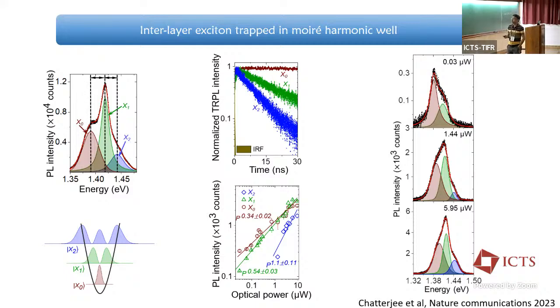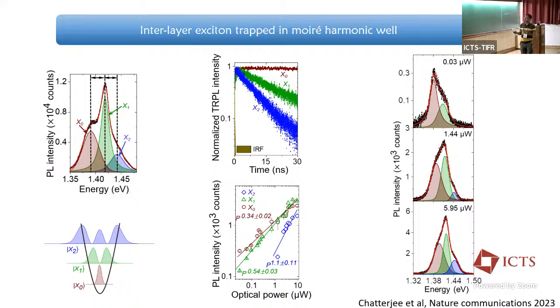Because you have these rather different power laws, the spectral feature is going to be significantly different as you increase your power. For example, at very low power, like 30 nanowatts, you see only a very strong X naught feature, and then the next exciton level.